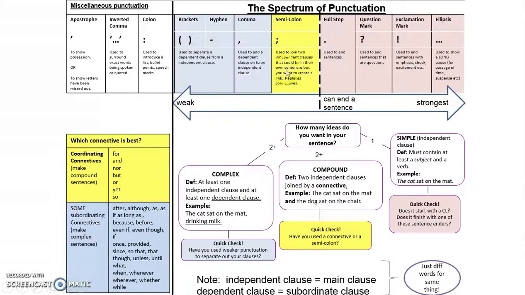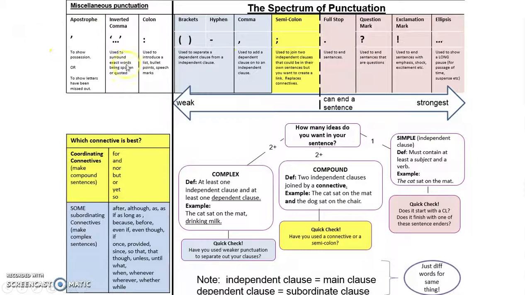When we're using compound sentences, we use two sentences that could be on their own, they could be simple, but we're joining them using one of these connectives here, or using a semicolon. Remember, a semicolon is strong enough to hold two sentences together, not a comma. A comma's too weak.